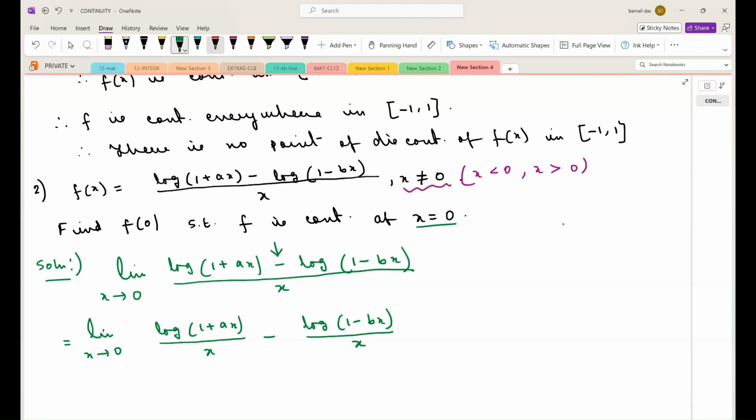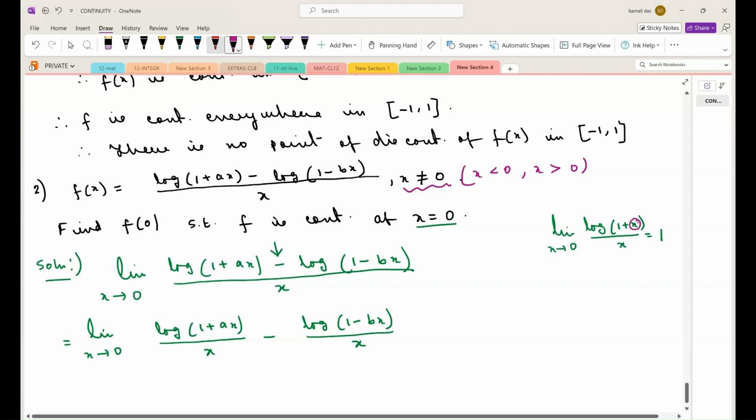If you remember from class 11, that is limit x tends to 0 log(1 plus x) by x equal to 1. We'll try to approach this limit, where keep in mind that whatever you have here, you should have here. So that's what we'll try to do.